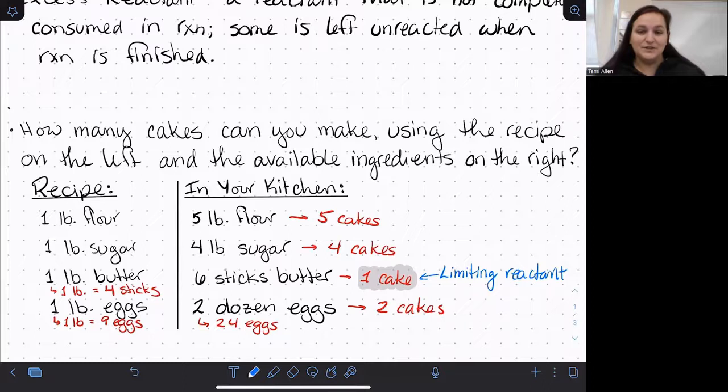What we're going to be doing to determine our limiting reactant is figure out, based on the amount of reactant I'm starting with, based on the amount of ingredient I have available, how much product can I produce? How much cake can I make? Whichever one produces the least is our limiting reactant.